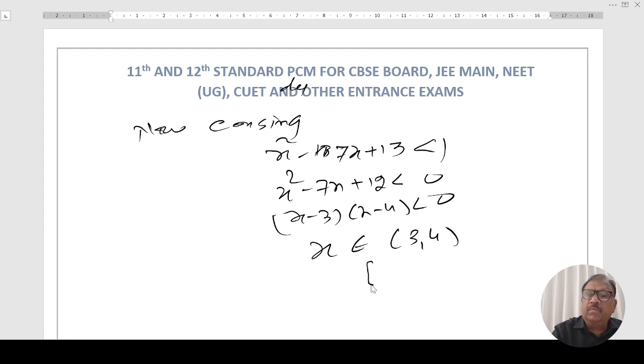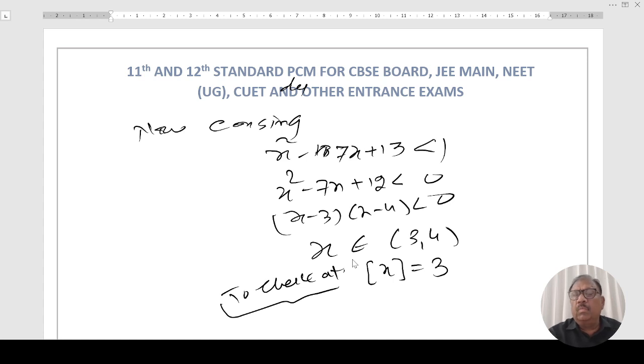Means for the greatest integer function, we have to check here. Because x belongs to (3, 4), x is greater than 3 and less than 4, so the greatest integer function will come out to be 3 at this point.